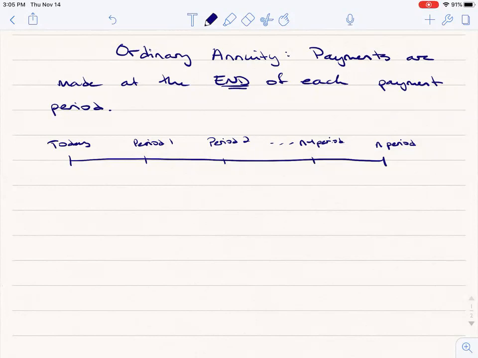In an ordinary annuity, the payments are made at the end of each payment period. So if we're starting today, there would be no payment today. It would be at the end of this period. So our first payment goes at this first tick, and then we had payments PMT, PMT, PMT, PMT.